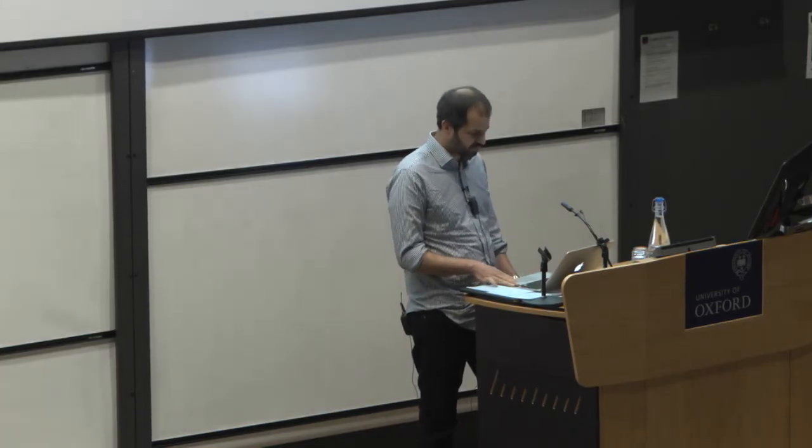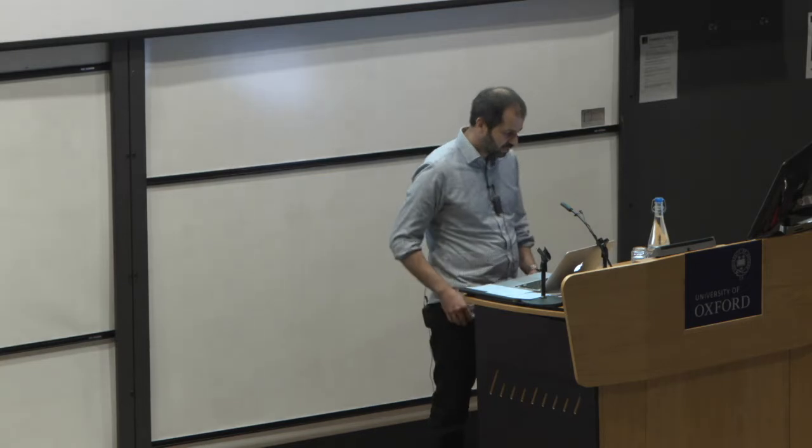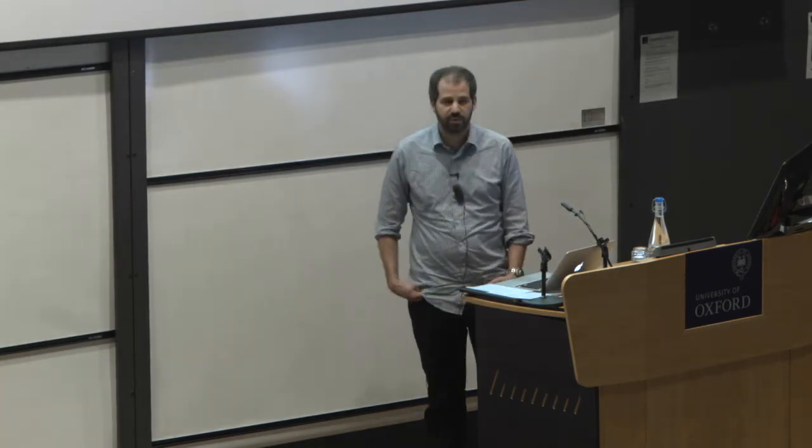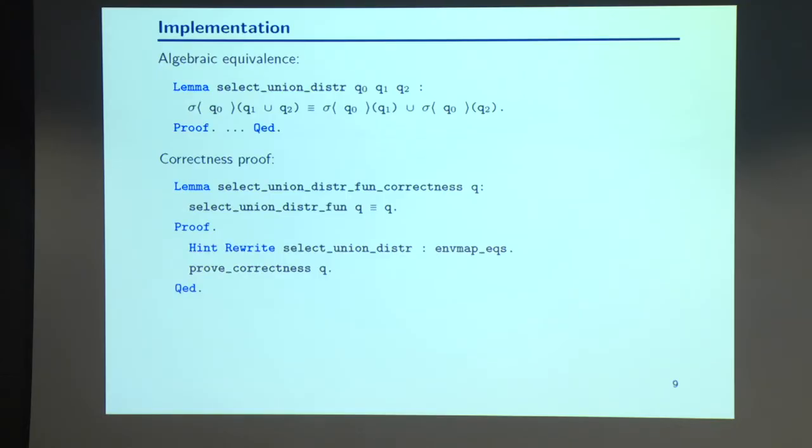So with the semantics for each language, we can write some properties about our queries. Here is how we express the lemma in Coq using a syntax similar to what we find in a textbook.